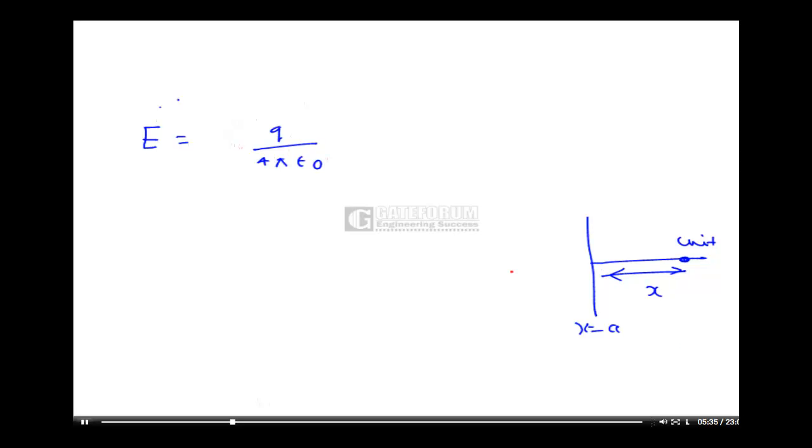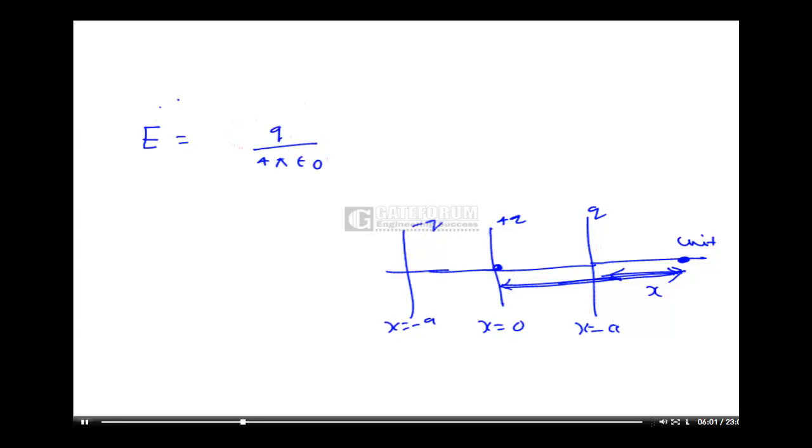This is x is equal to a, this is x is equal to 0, this is x is equal to minus a. Starting from x is equal to 0, consider the unit charge located at x. So this is the reference point, and the unit charge is at a distance of x. Here is the q charge, this is 4q, this is minus q charge. This distance is a, this is a, and again this is a. So this is x minus a, this is x, and the total distance is x plus a.